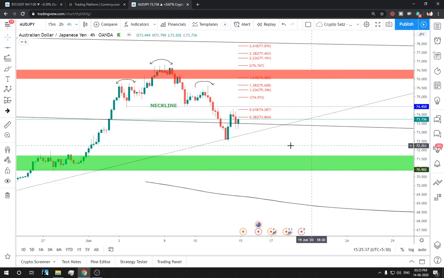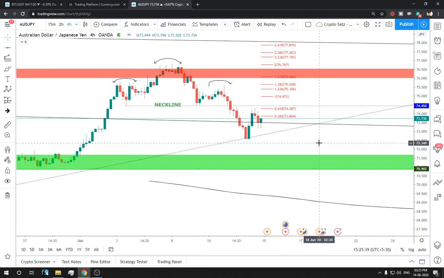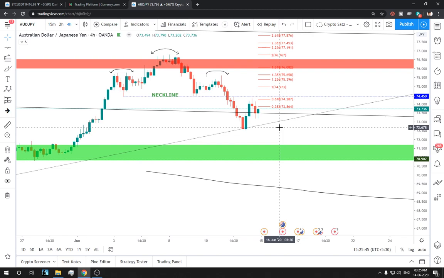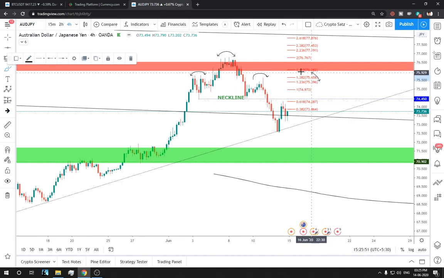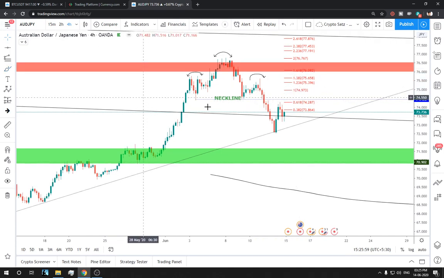So this would be an ABC. On Monday, Tuesday, Wednesday, I am looking for a move towards this region, this circle, either 74. These three levels I'm keen to watch, because it is forming an ABC.